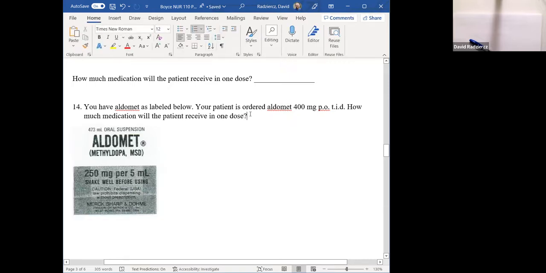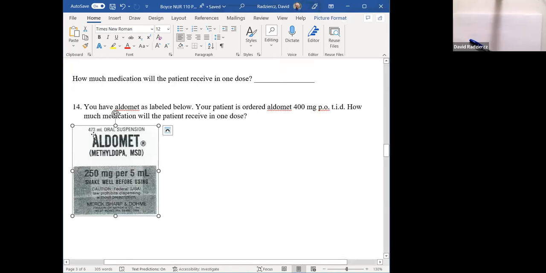So first thing you have to look at is, okay, it's by mouth. By mouth means it can be liquid, so it could be answered in milliliters, or it could be in tablets. Based off of the question, we don't really know how this is going to be received until we look at the label. And you notice the label tells you it's an oral suspension. It's already listed in milliliters.